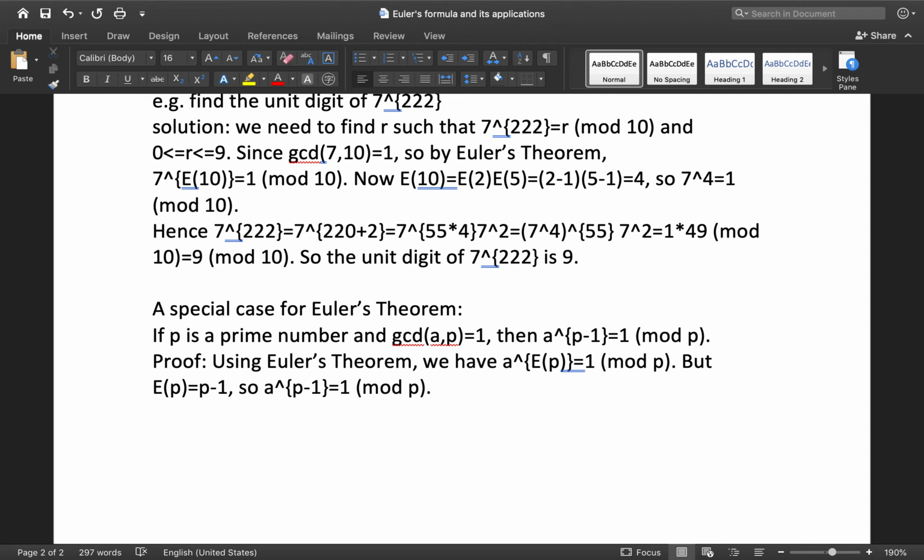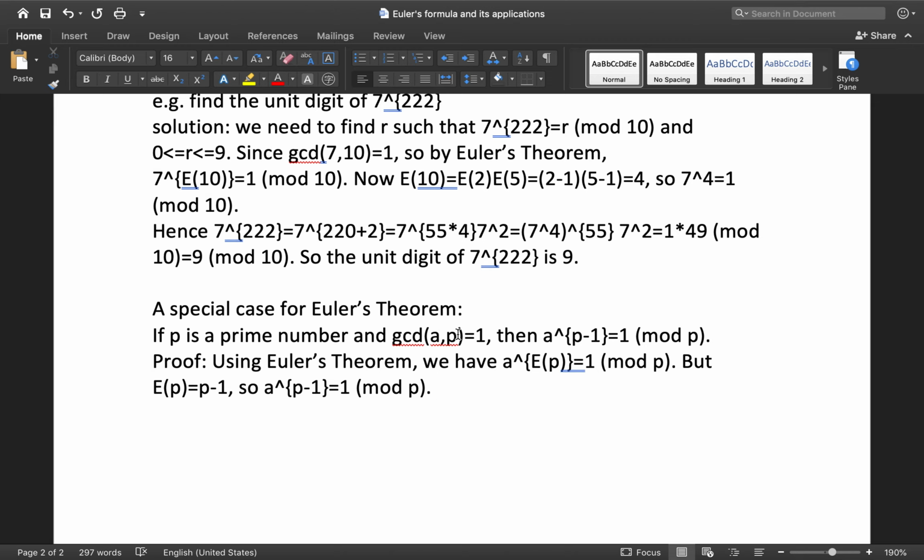If you have a prime number, and you happen to take the congruence with respect to that prime number, then you have a very good chance to get some power which gives you the congruence 1, except that you have to check whether this number A is relatively prime to P or not.